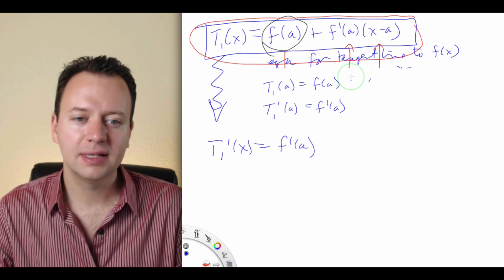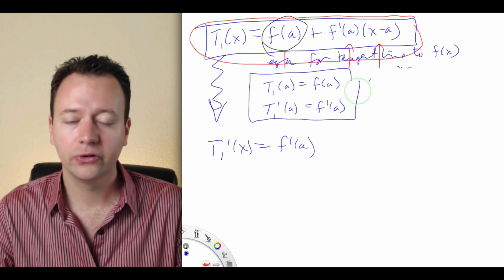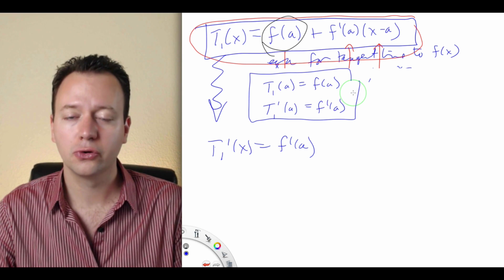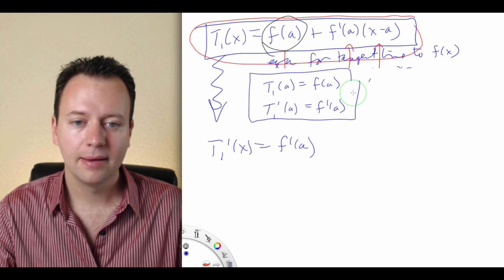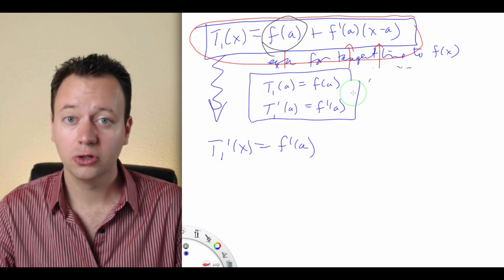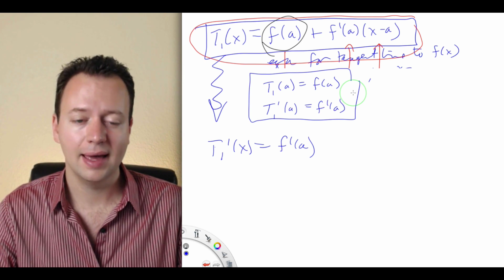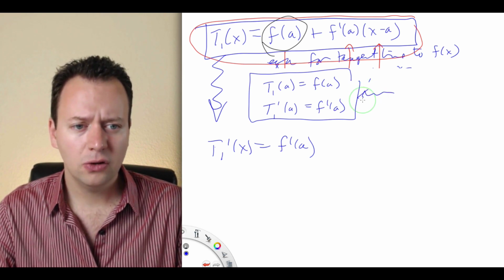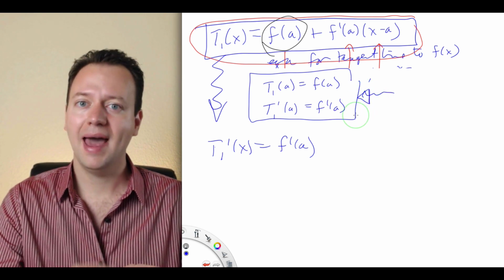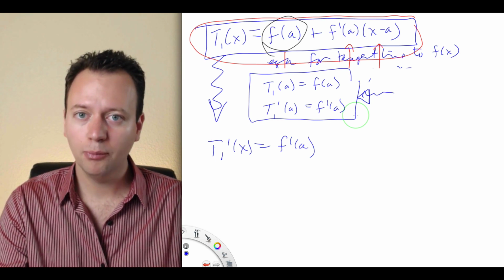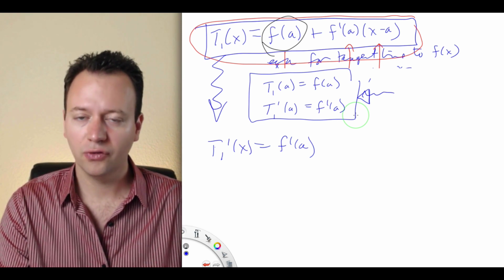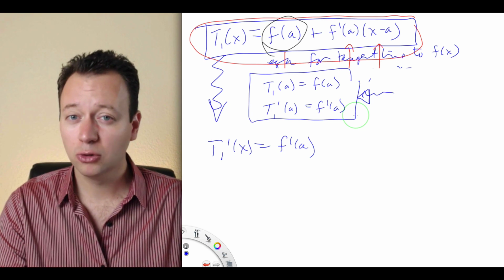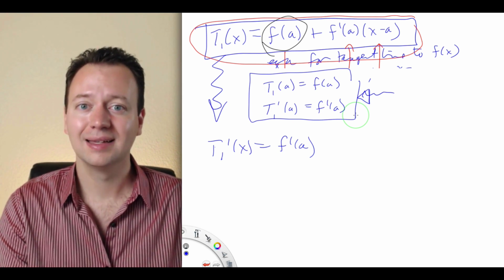So you can think of the tangent line, also known as the linear approximation to the function f at the point a, as the unique linear function that has the same output value at the point a as the function f does, and it has the same derivative at the point a as f does.